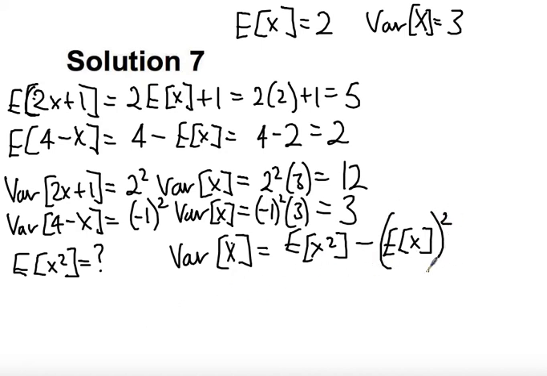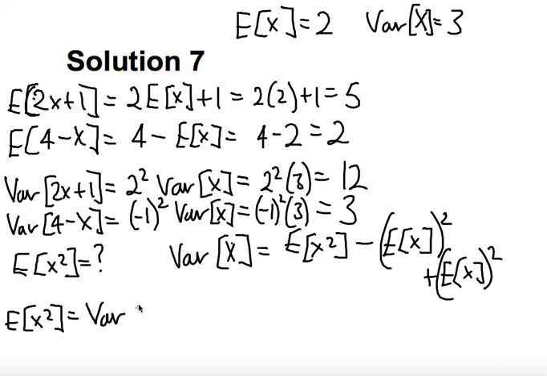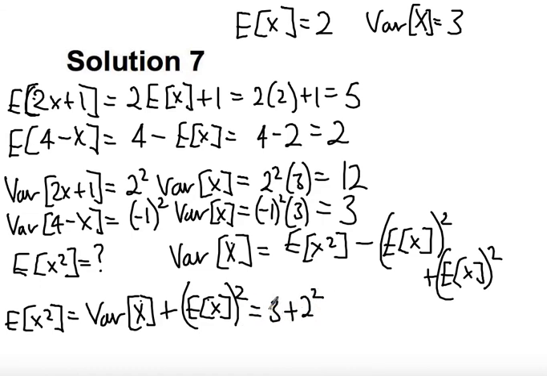So if I rearrange this by adding expectation of x squared, what I get is that the expectation of x squared is in fact the variance of x plus the expectation of x squared, which is 3 plus 2 squared. So there's my variance of x, there's my expectation of x squared. So we get the expectation of x squared is 7.